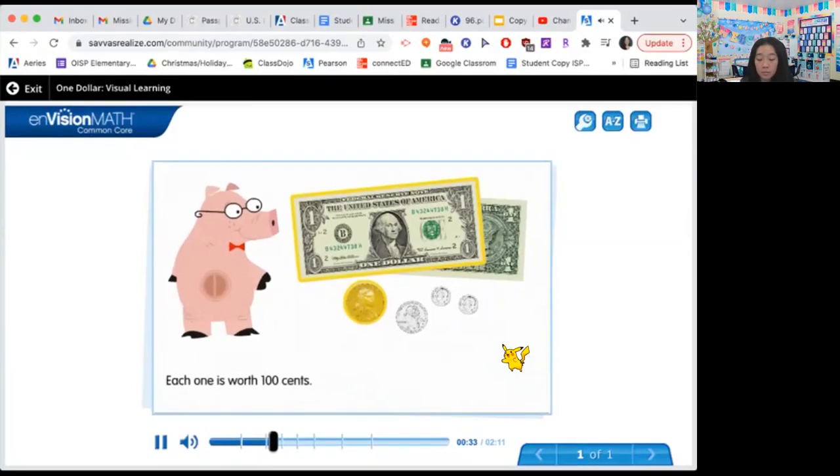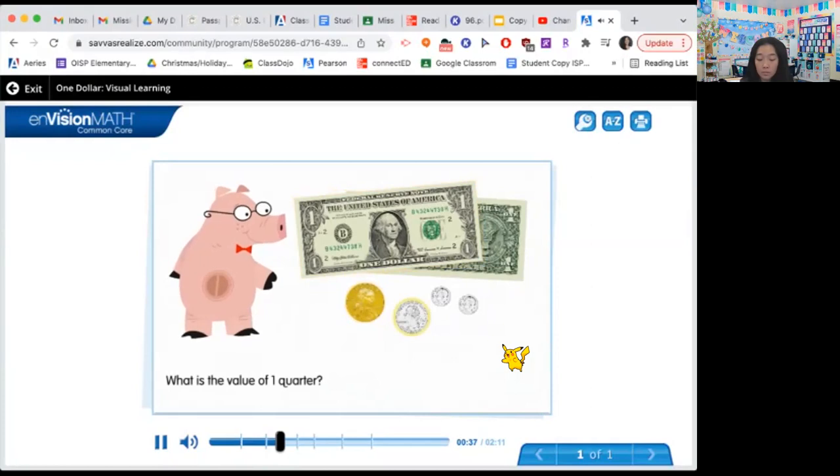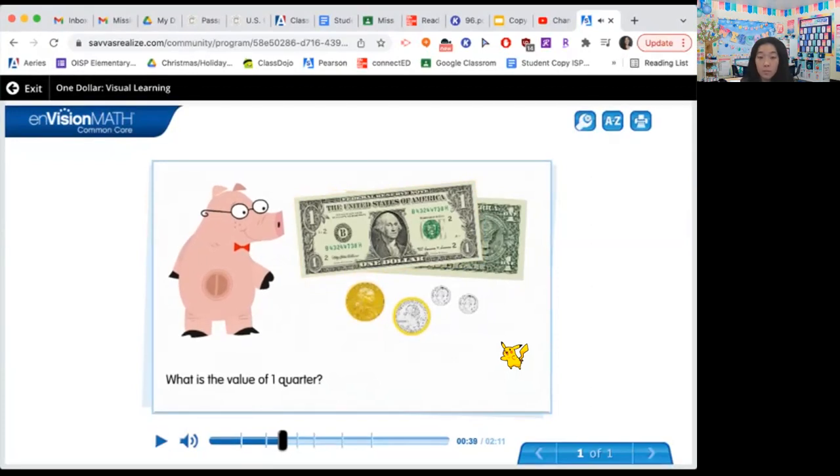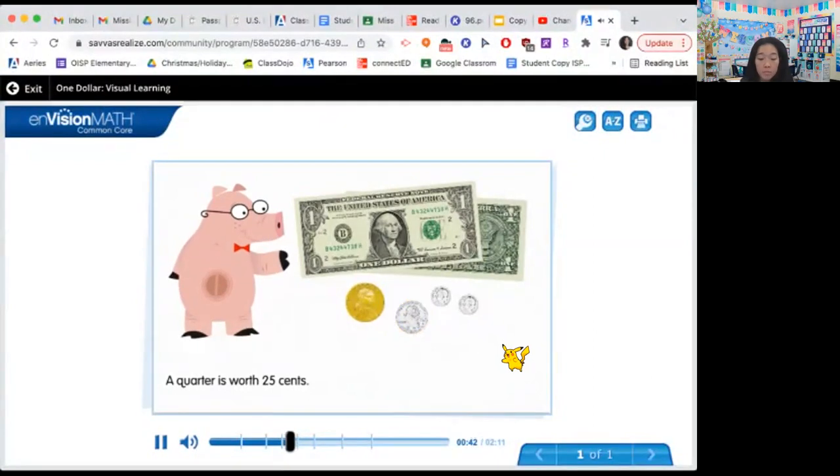Each one is worth 100 cents. What is the value of 1 quarter? A quarter is worth 25 cents. What is the value of 1 dime? A dime is worth 10 cents.